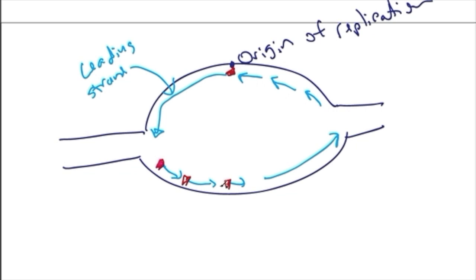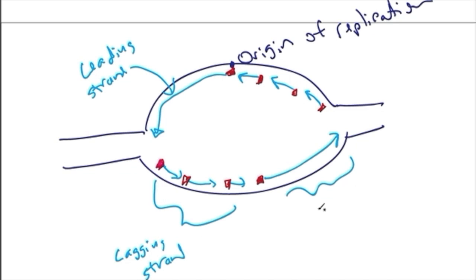Then you get one primer, it does this whole thing. Because the leading strand's continuous, it doesn't need more than one. So this right here is a lagging strand, and this right here is now the leading strand.